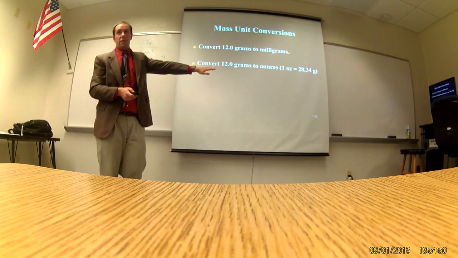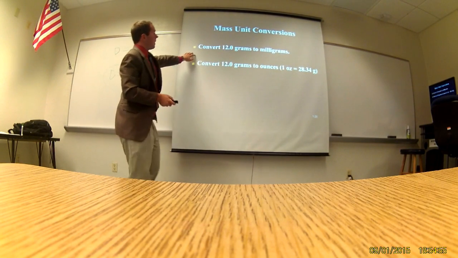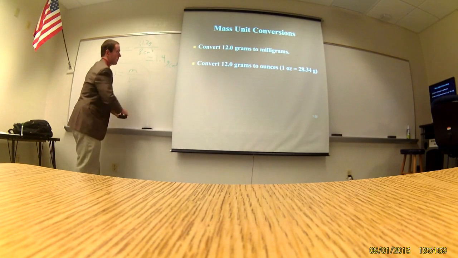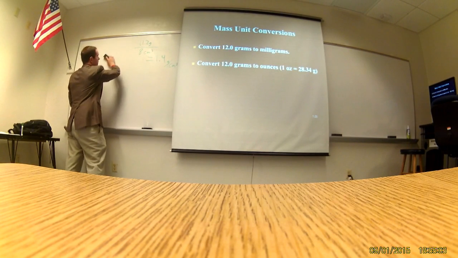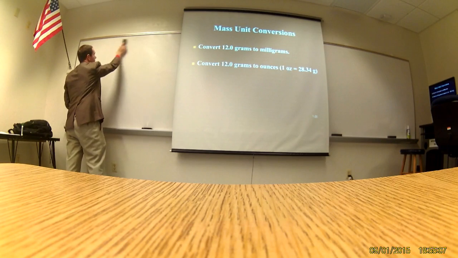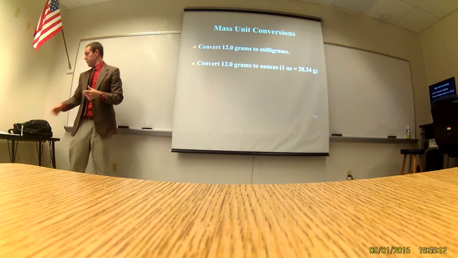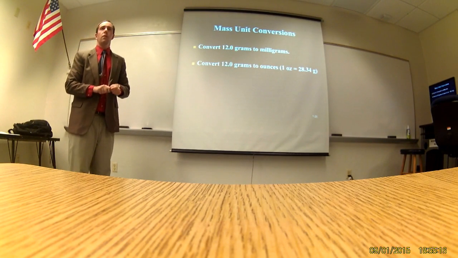A couple more conversions. You're going to be doing a ton of conversions in here. Convert 12 grams to milligrams. What's bigger, a gram or a milligram? A gram is bigger. So when we convert it to milligrams, is the number going to get larger or smaller? Larger.